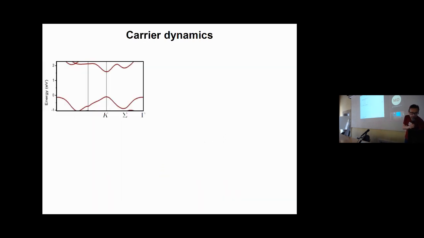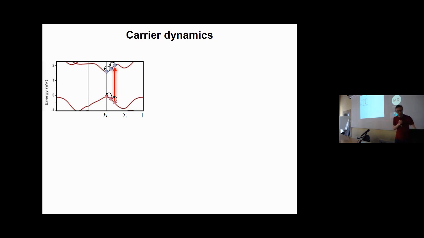But we can also address carrier dynamics. Carrier dynamics is here very complex because the pump first excites carriers from the valence band to the conduction band. And since you have a large excess of energy, you can have intra-valley scattering in which electrons migrate to the bottom of the conduction band, and at the same time, holes migrate to the top of the valence band.